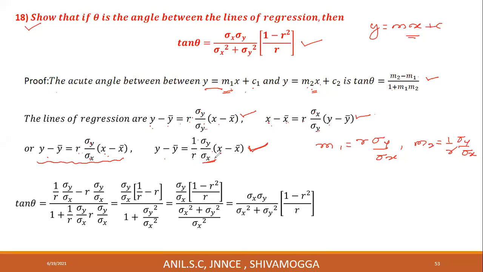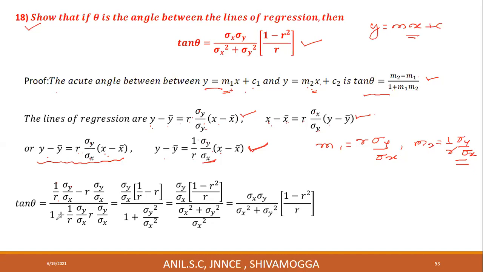Let's substitute. Tan theta is equal to m2 minus m1 whole divided by 1 plus m1 m2. Here m2 is 1 by r into sigma y by sigma x, and m1 is r into sigma y divided by sigma x.